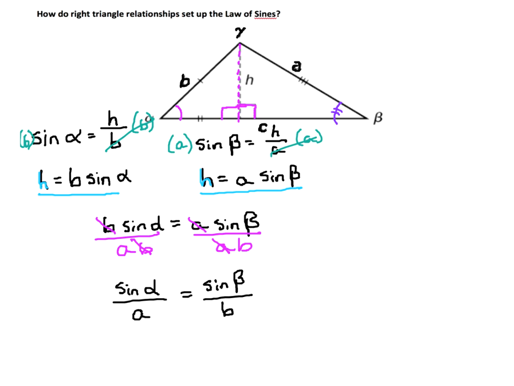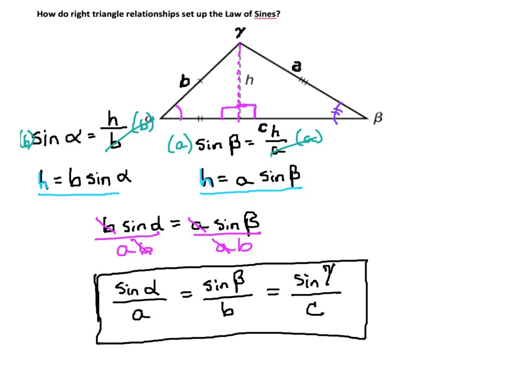And we could go through this argument again, and we would find that we can also set up the same relationship for angle gamma, equal to the sine of gamma divided by side C. This right here is the law of sines. So you can use any two of the sine of that angle divided by the corresponding side and set up a proportion that will move you forward in solving for these triangles.